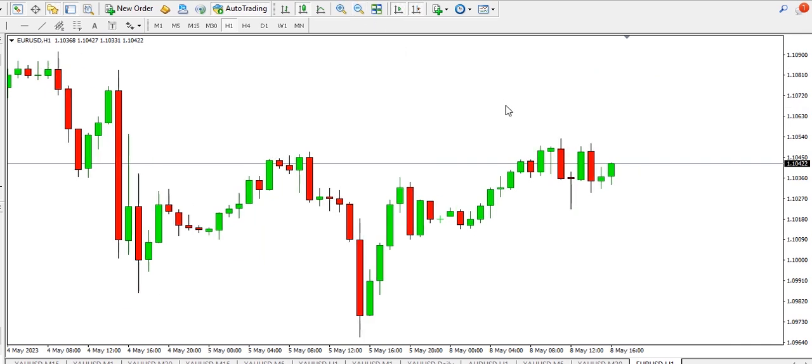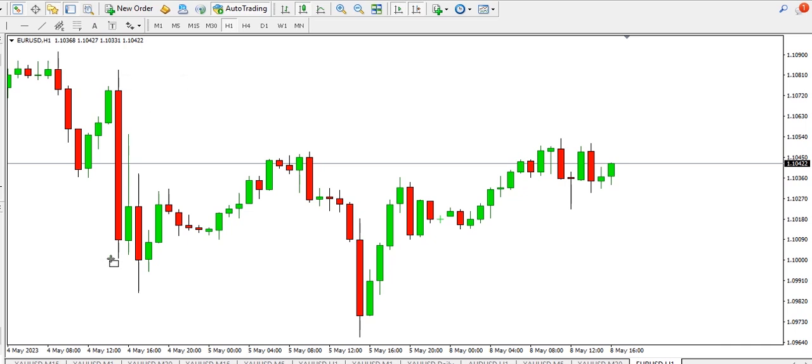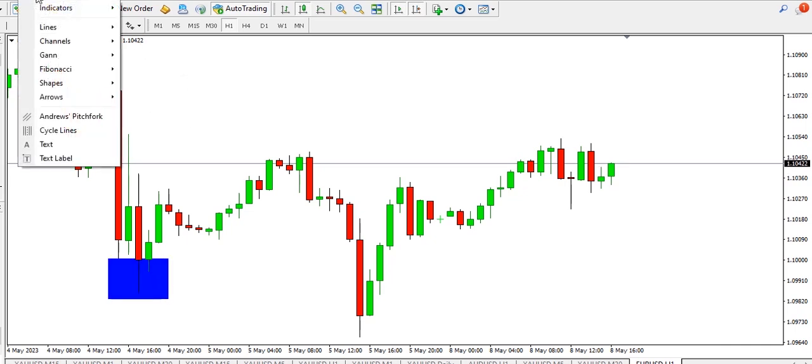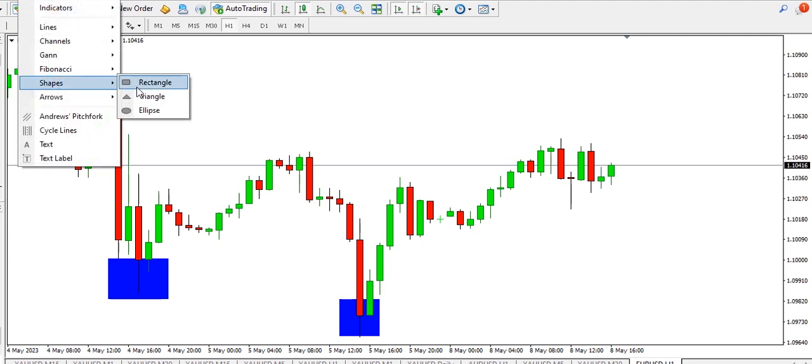I can see something like an inverted head and shoulders. I'm seeing this as my left shoulder, this as the head, the inverted head, and this as the right shoulder.